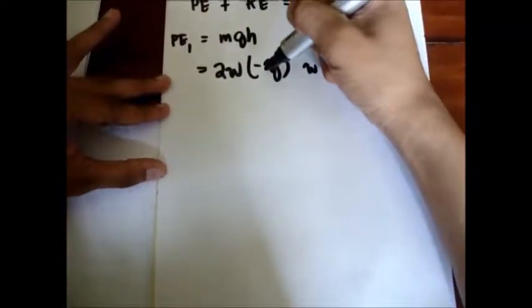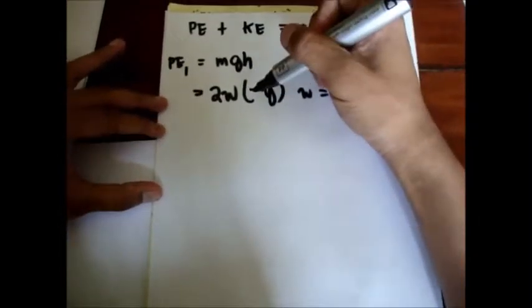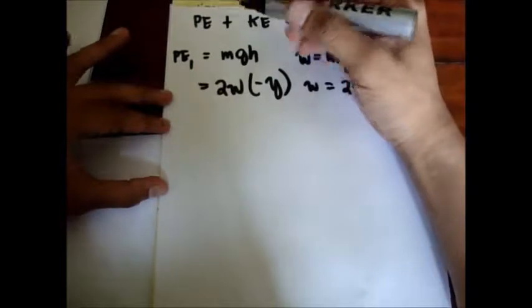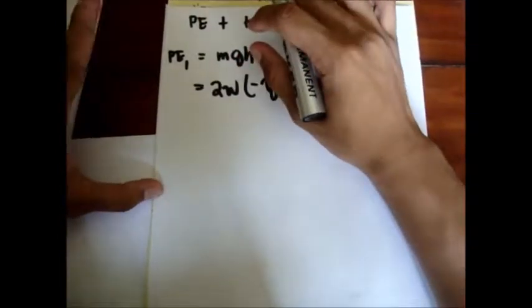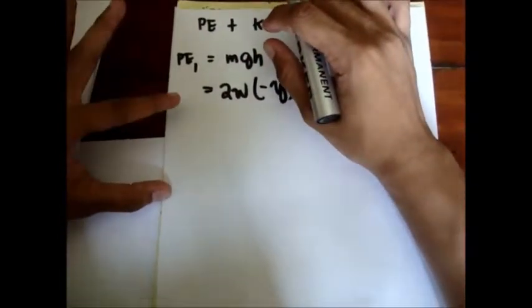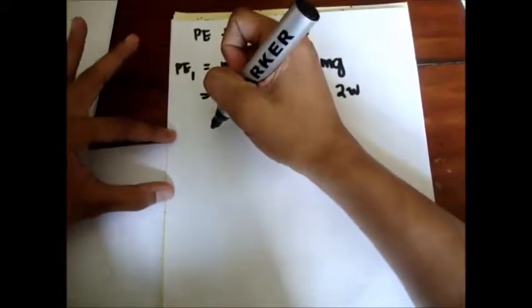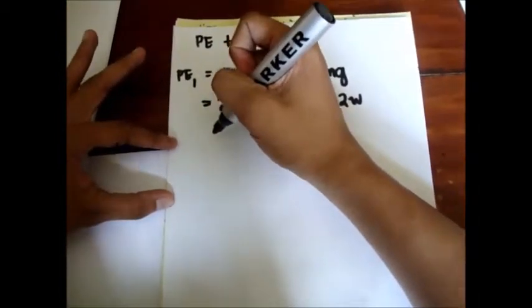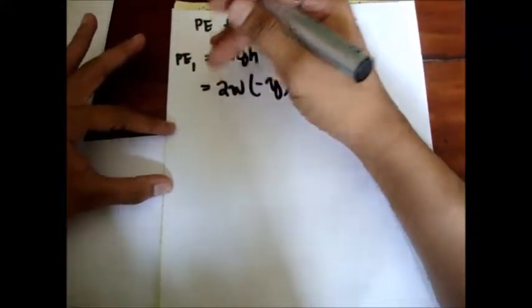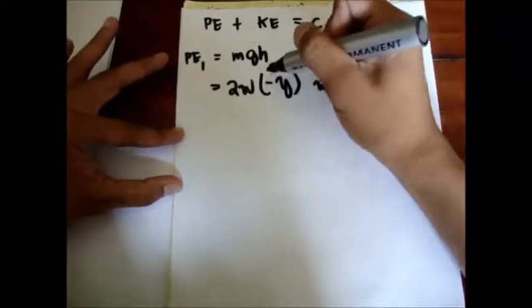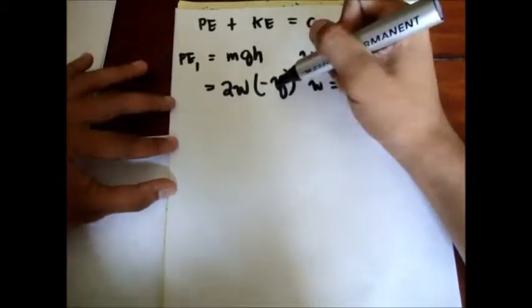Why negative y? Because we assume in this problem that the positive direction of y is downward. As y increases, or y goes further down, our PE decreases. Since PE increases as you go upward, we have y as negative.